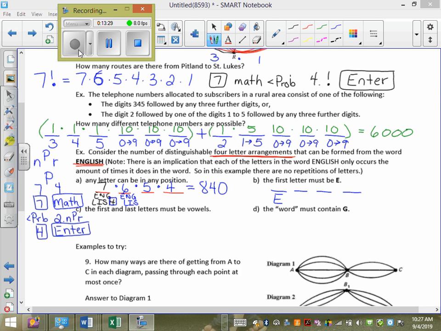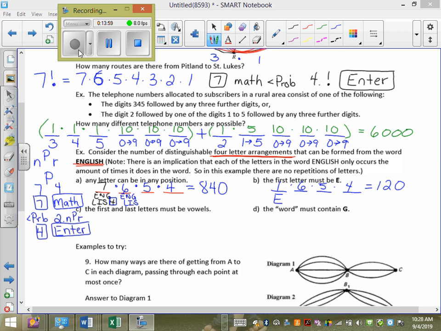So English has 1. Now I've left the E there. So how many letters do I have left? 6 then? 5 then? Do I go all the way down to the end? There's only 4 spaces because I only want forward. So it's going to be 6 letters left times 5 times 4, which is 120.